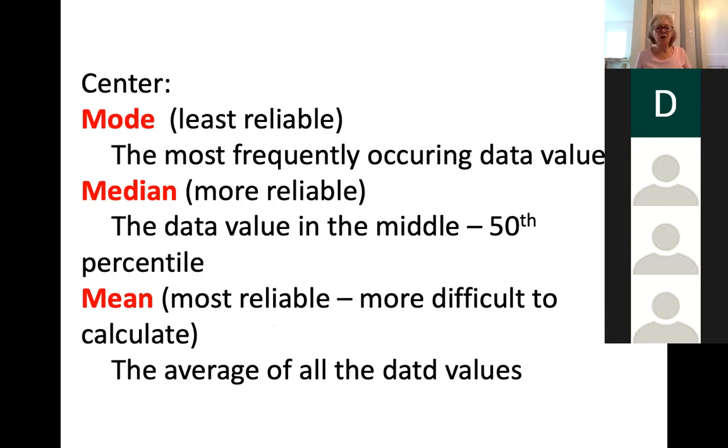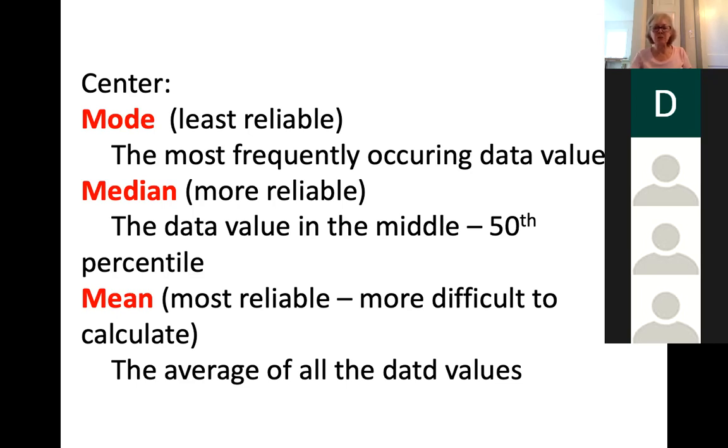You take all of your data, you add it up, and you divide by, say, 35, if there's 35 students. It's basically the average of all the data. It is the most reliable. It varies the least from sample to sample. It is also the most tedious to calculate. You will definitely want a handheld calculator, or if there's a lot of data, you will want a piece of software that will do that for you.